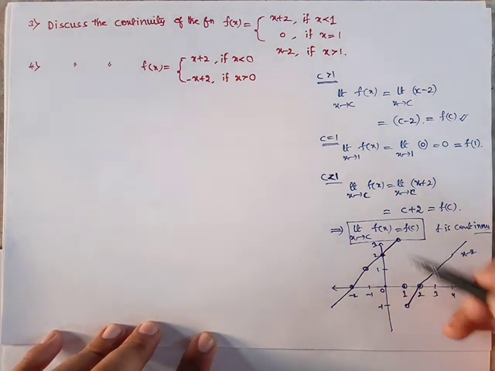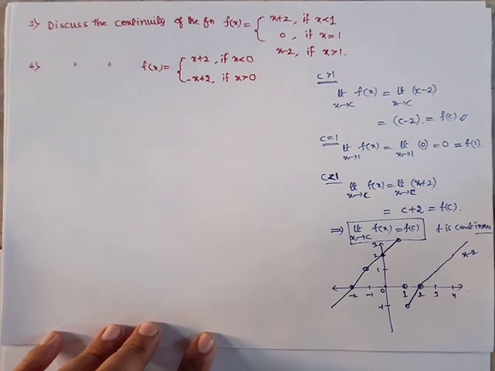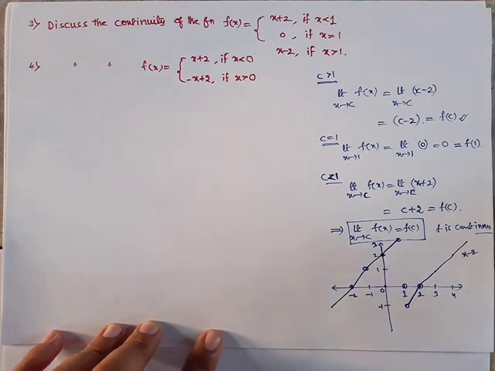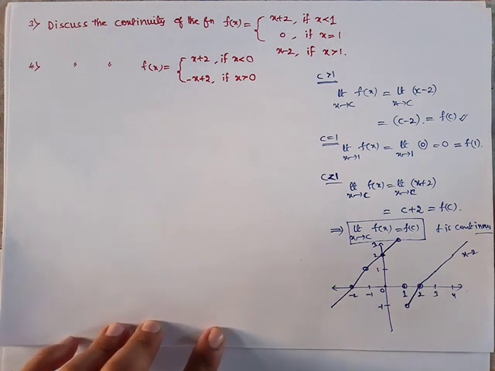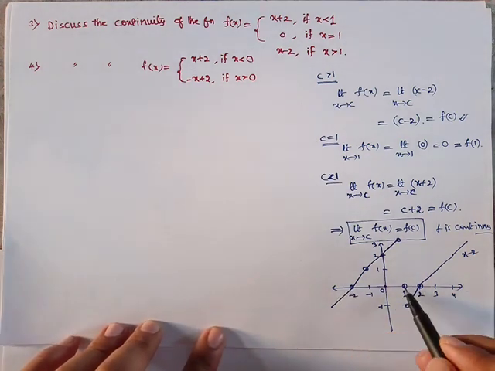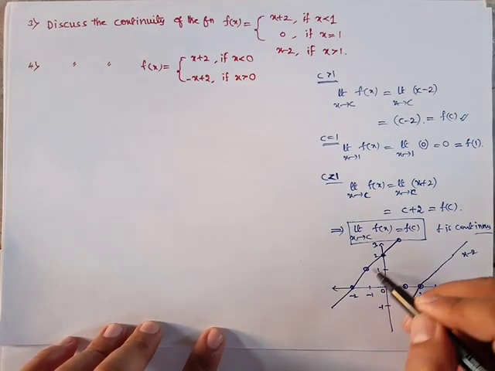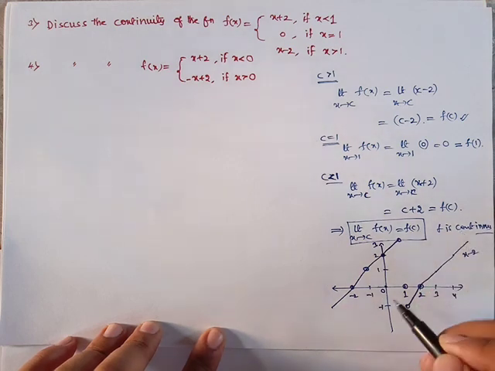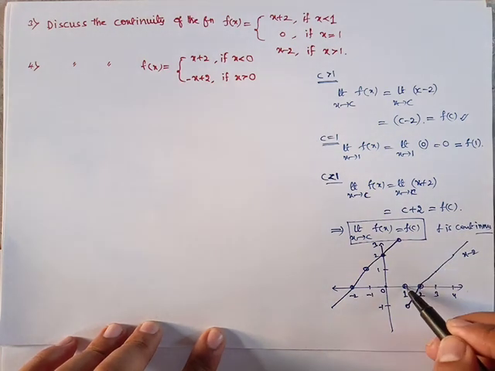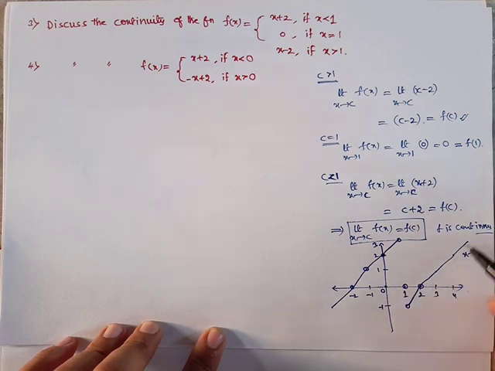Now you see these are the 2 points. In the case x less than 1, x is equal to 1, and x greater than 1, the graph is continuous for x less than 1, and after that for x greater than 1 it is continuous, but it is not continuous at x is equal to 1.